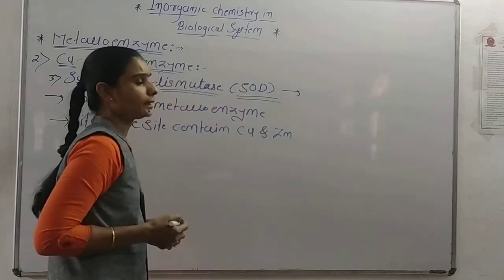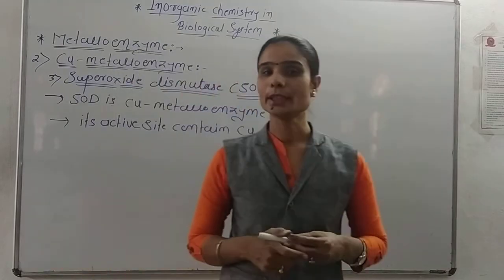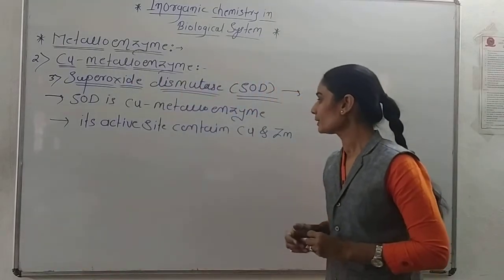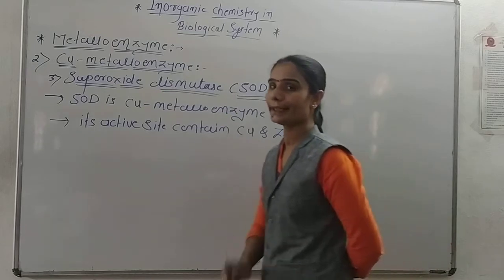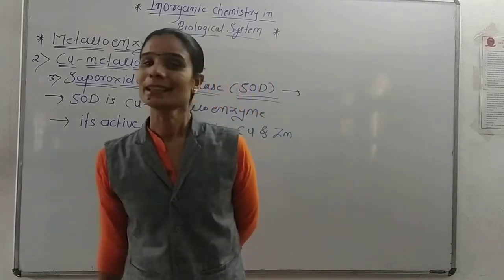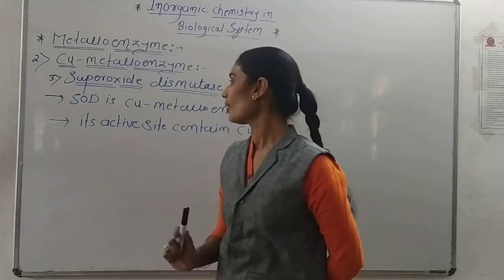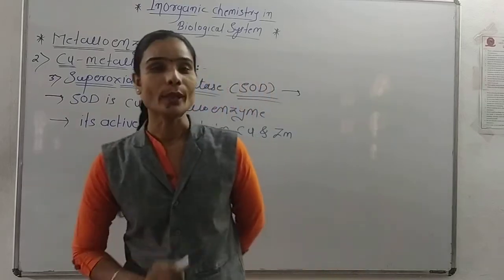Okay, here in this superoxide dismutase, the active site also has a copper atom. That's why this metalloenzyme is also called a copper metalloenzyme.